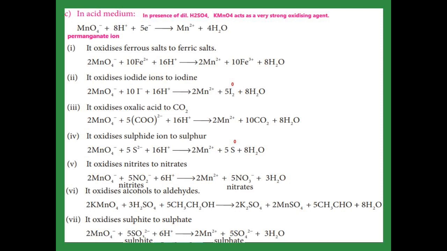Removal of hydrogen is called oxidation, so ethyl alcohol changes into acetaldehyde. The next one, the seventh reaction, sulfite SO3 2⁻ changes into sulfate SO4 2⁻. Here also one oxygen is added with the help of acidified potassium permanganate.